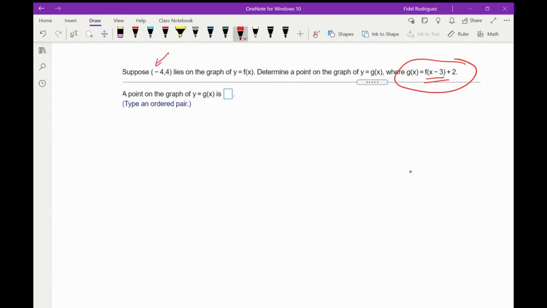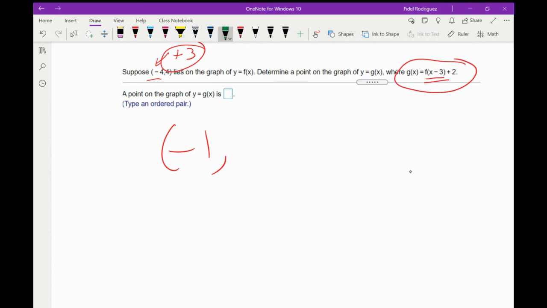So I'm going to take my x value. If I'm moving it to the right, I'm really adding 3 to my x value. So if my x value used to be -4, but I add 3 to it, wouldn't my x value now be -1? Because I'm taking -4 and adding 3 to it. Does that make sense? Okay.